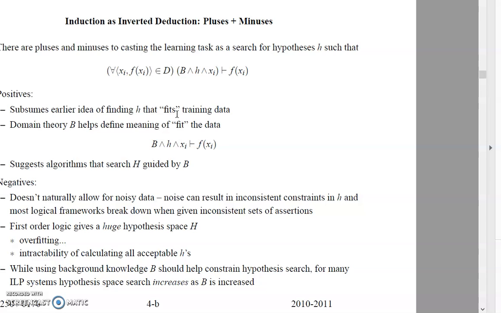But if we include background information for framing the hypothesis, the consistency is very good. So I can say that it fits very well with the training data. The same is repeated here: f of xi follows from b and h and xi.